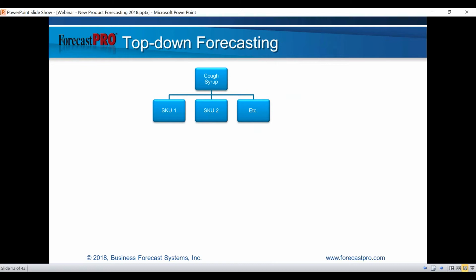When we combine the different SKUs and aggregate them into that product group level, we are creating a forecast history which is higher volume, has a longer data history, and is more consistent. For the same reasons that it works well for item supersession, it works well for top-down forecasting. If we are forecasting at that product group level, we're going to be able to do better forecasting models.